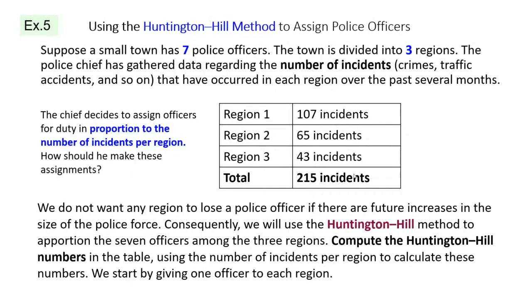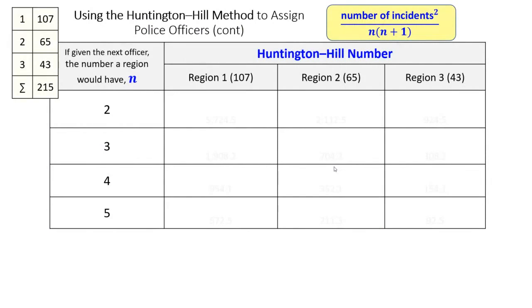So we don't want a region to lose a police officer. That's why we don't use a Hamilton method here. We use a Huntington Hill method. Because Hamilton method reassigns every time when we increase the representative borders, but it may happen that the town gets an extra police officer, and one of the regions would lose representation, and that's why we use the more complicated, but more fair Huntington Hill method.